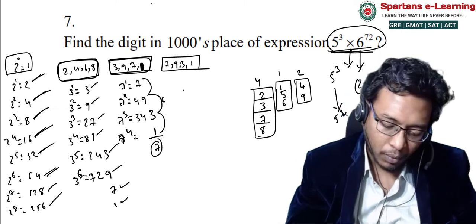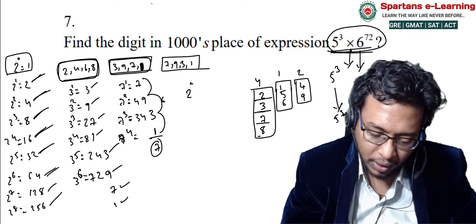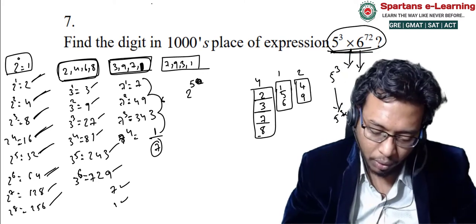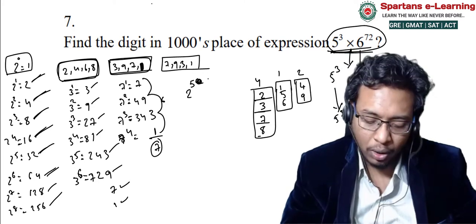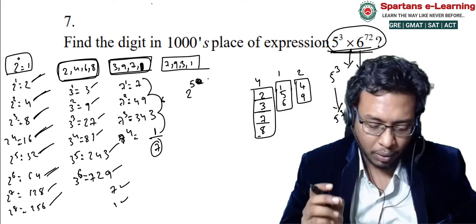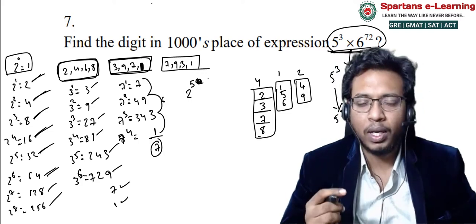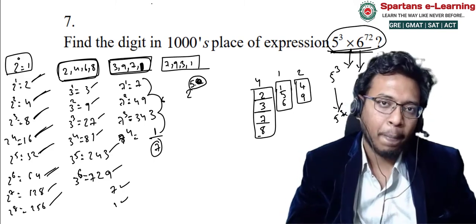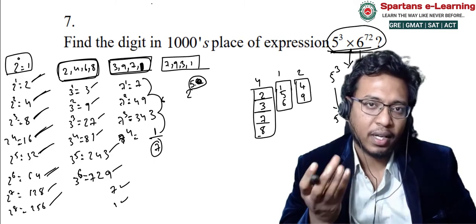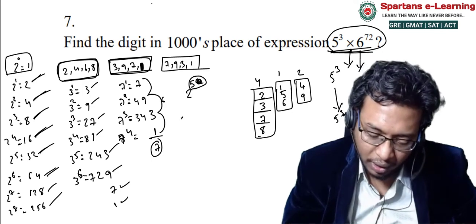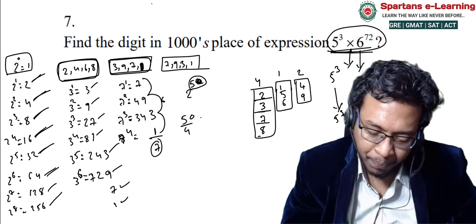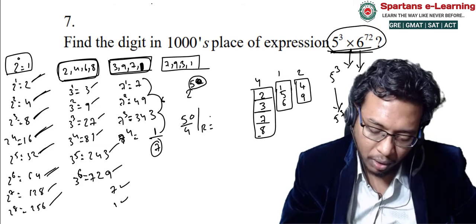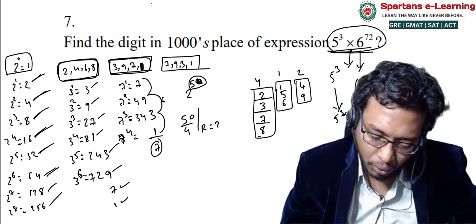Now if I want to find the units digit of 2 power 50, I want to know the units digit of 2 power 50. What I will do is, as I told you, 2 will have a cyclicity of 4. You divide this power with 4, okay? So that you will know how many exact 4 batches will be formed. See here, 50 divided by 4, you will get quotient 12, and 2 will be the remainder.